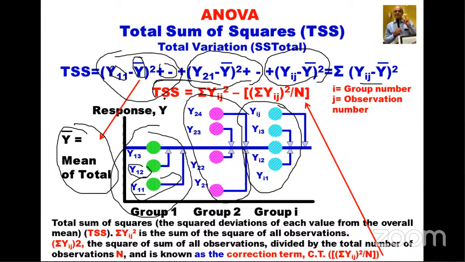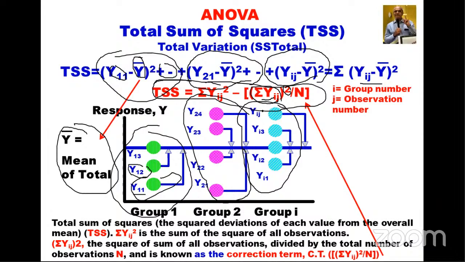TSS is equal to sigma yij square, meaning square of first plus square of second plus square of third and square of last, minus the sum of all, its square, divided by n. If we simplify that large formula, this will be the shorter way.